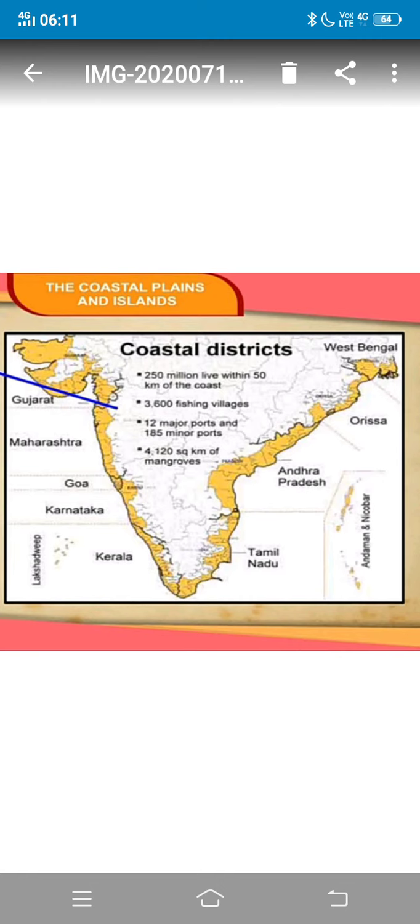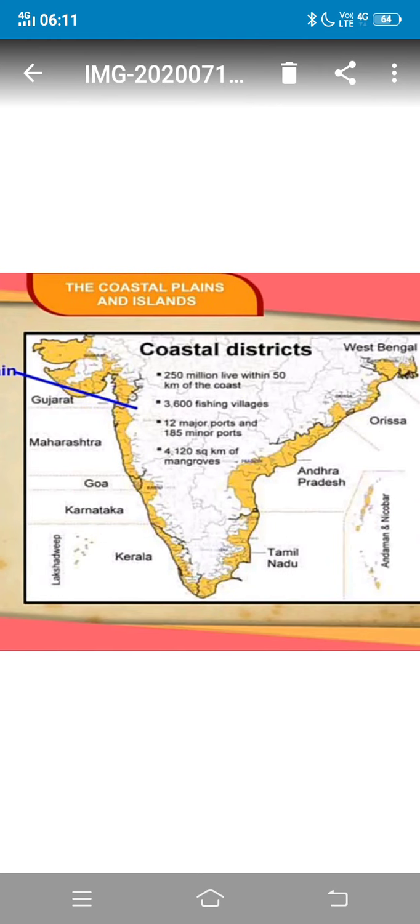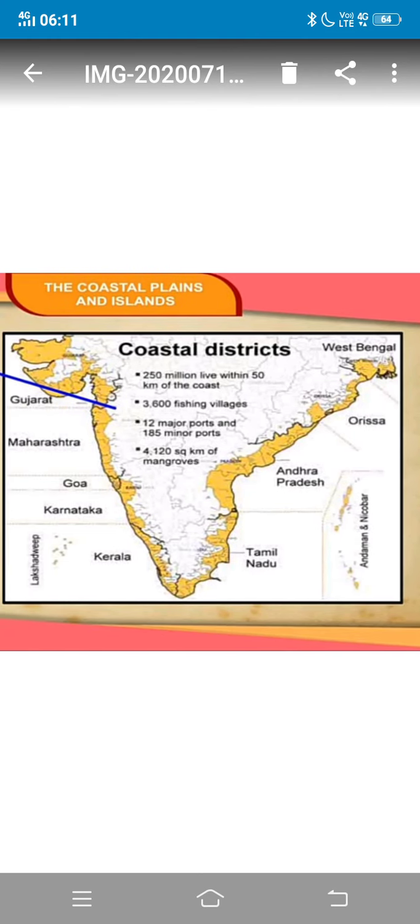Now, as you know, islands are land surrounded by large water bodies from all sides. You are seeing here the Andaman and Nicobar Islands, surrounded by the Bay of Bengal. In the same way, the Lakshadweep Islands are surrounded by the Arabian Sea. Now, let us know the differences between these two island groups.